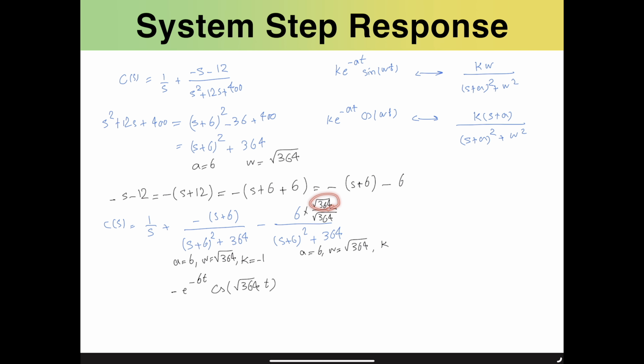So this is the w, and k is simply this fraction, 6 divided by the square root of 364.